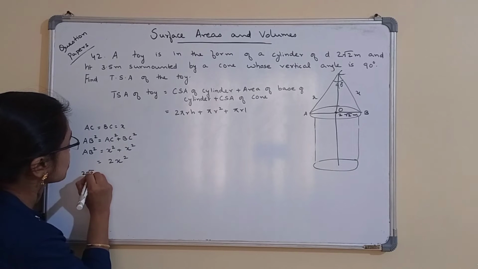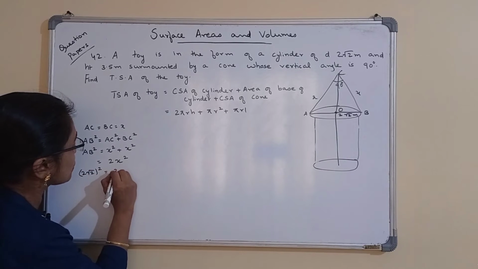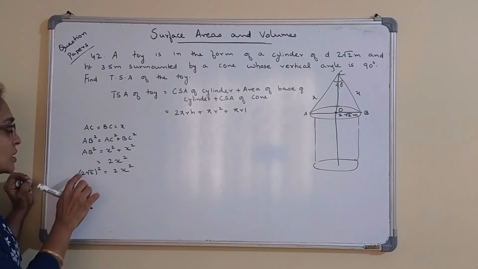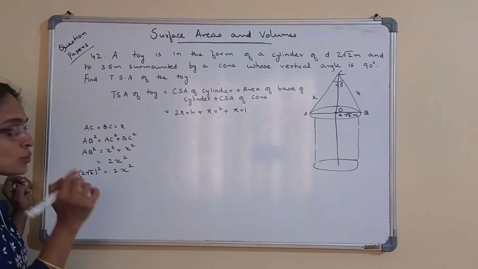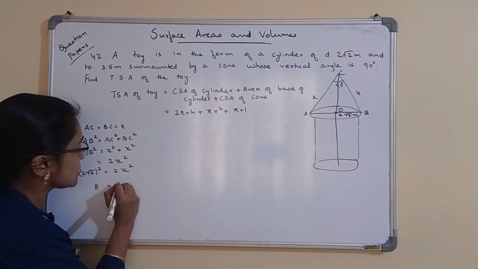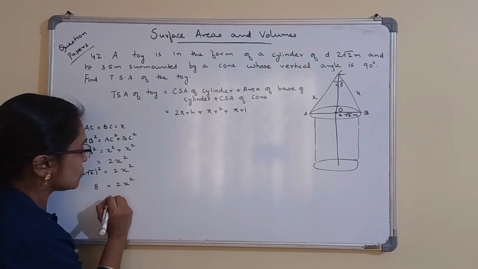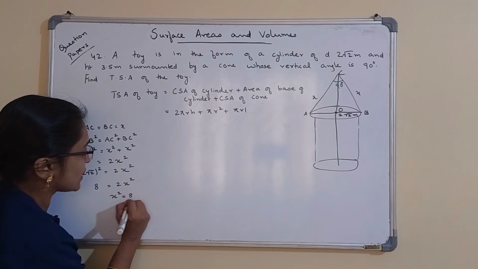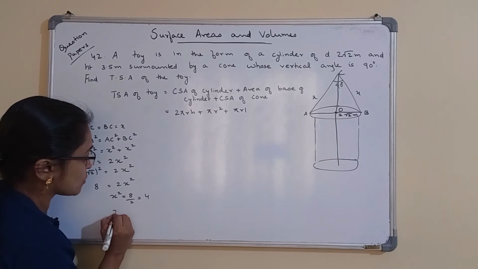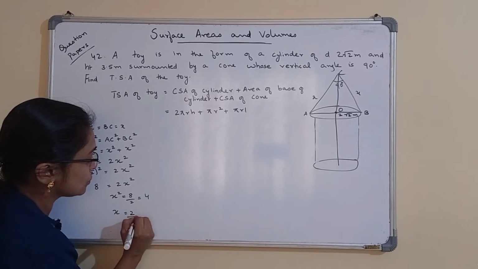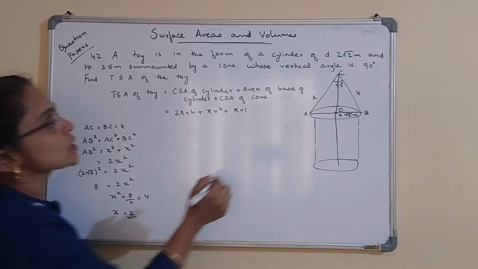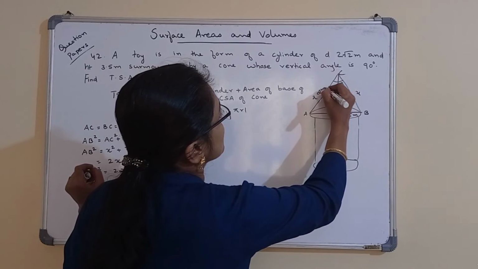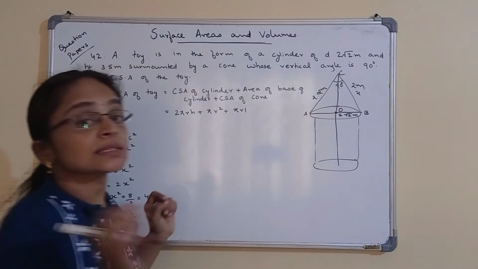So 2 root 2 square is equal to 2x square. And what is 2 root 2 square? 4 into 2, which is 8. 8 is equal to 2x square. So x square equal to 8 by 2 is equal to 4. So what is x? x equal to root of 4, which is 2. So we got this as 2 meter. L is 2 meter.